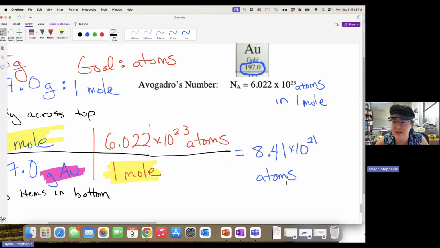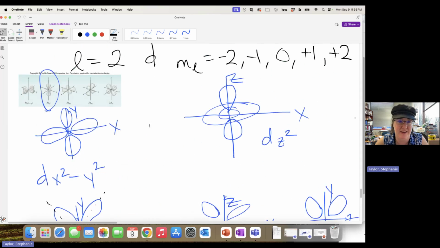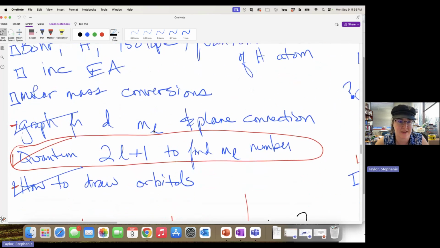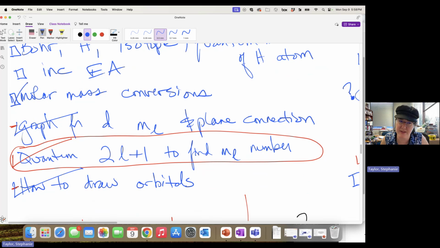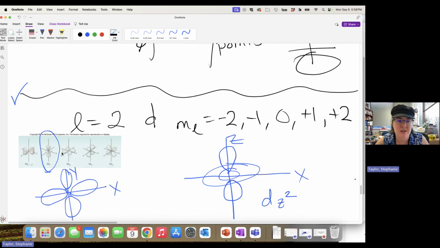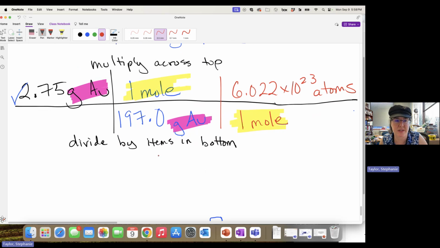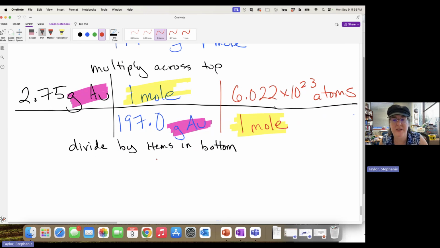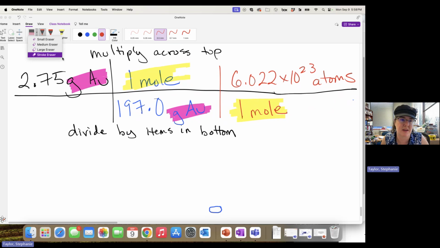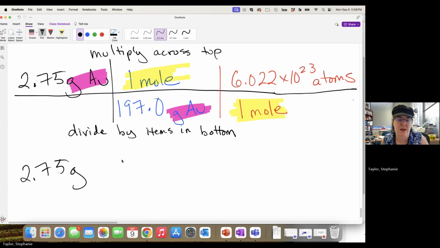Okay. So we did at least one conversion. That included molar mass conversion. Something that I should point out is while I didn't do it, I could have also done this in 2 steps. If I do this in 2 steps, I can start off going from my grams, and in this case, I'm going to show this off a slightly different way.